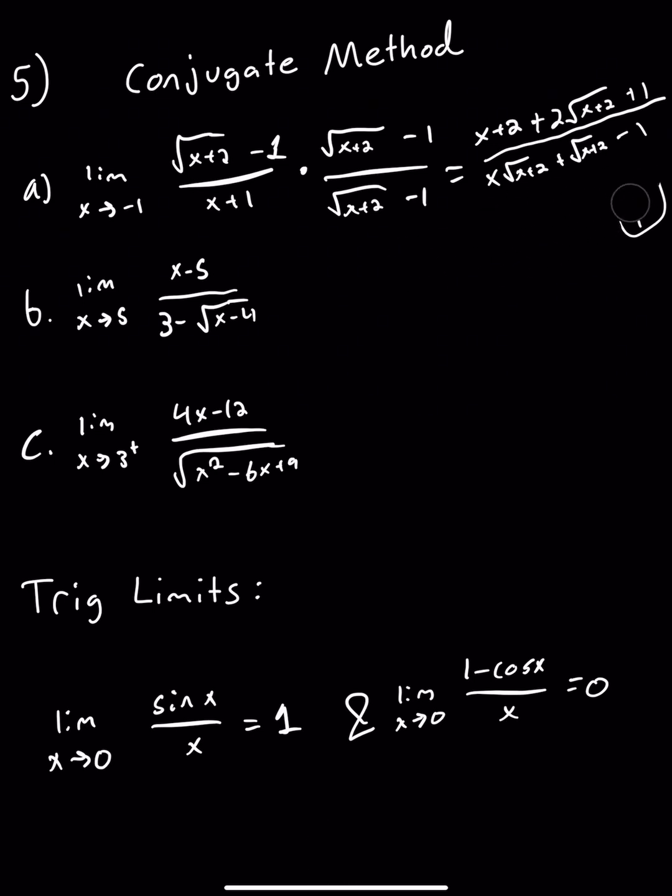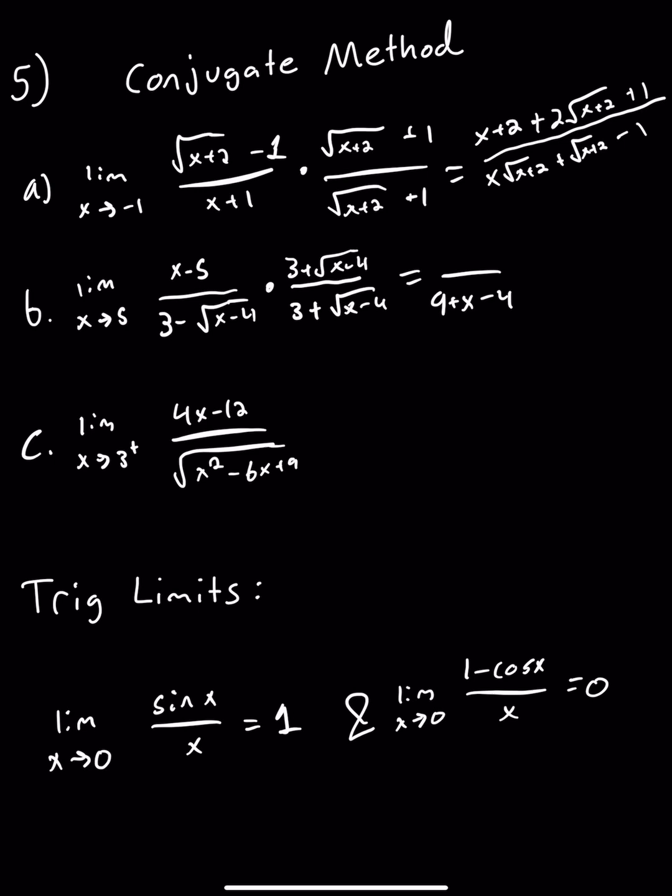Okay, so now let's make some more space on the bottom. For this one, do the exact same thing, except we're multiplying it on the bottom. So the conjugate is plus root x. Oh, this should have been plus up top, but it still works because it's a 1. So 3 plus that minus 4, 3 plus root x minus 4. And that will give you 3 times 3 is 9. These two are going to cancel out, and then you'll be left with x plus x minus 4.